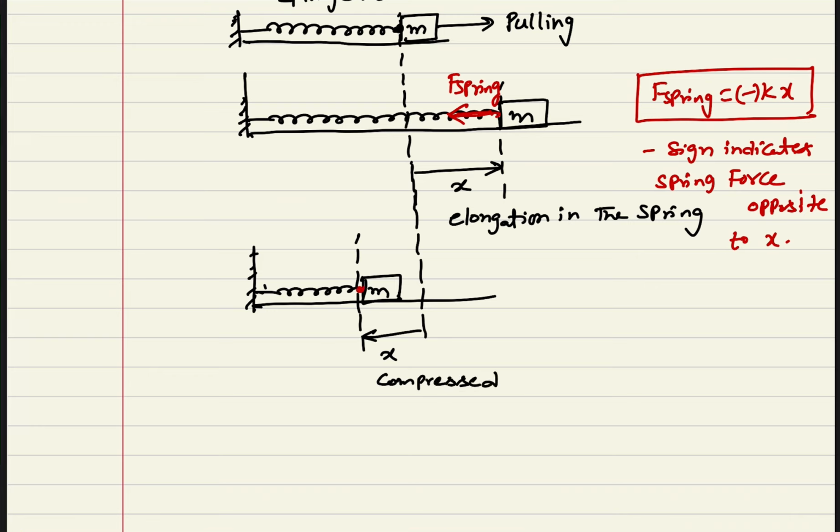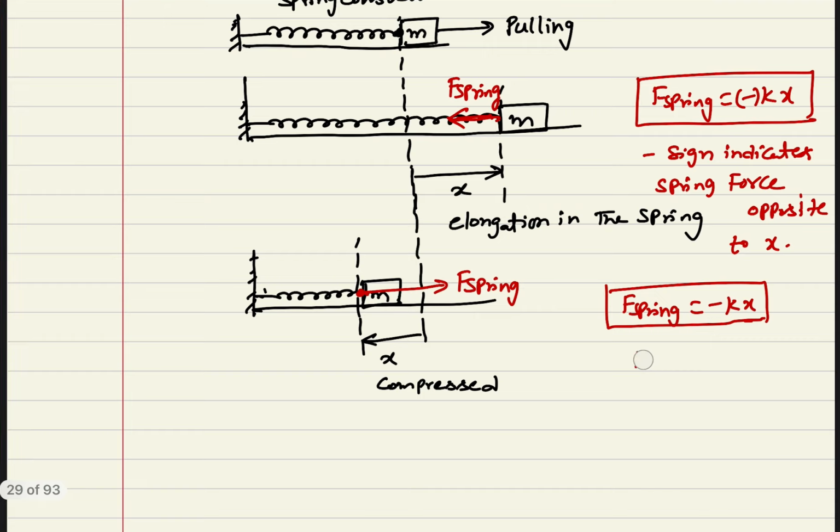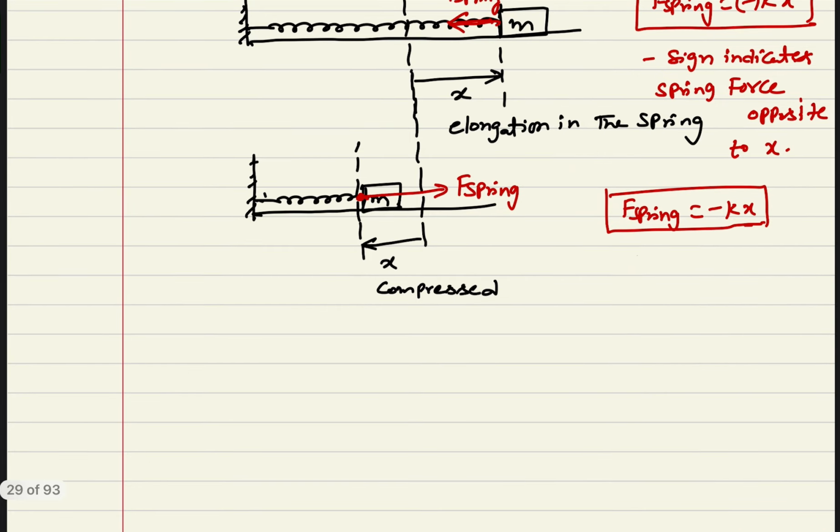If I remove the force, immediately you can see the body again tries to move to the right side. So whatever the spring force is, here also I can write it as minus kx. Spring force is minus kx. K is the spring constant. Observe carefully, this is about the spring force.